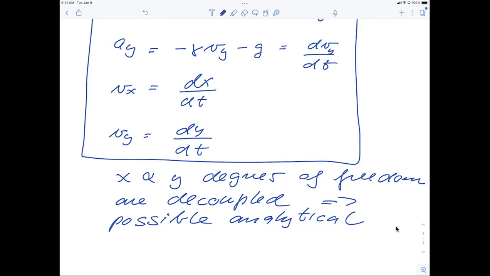So when Kepler, Newton, and all these other people solved the gravitational equations, they made a transformation to spherical coordinates. And then suddenly they could actually solve the equations analytically. This is something which we are going to do a little bit later in this course.